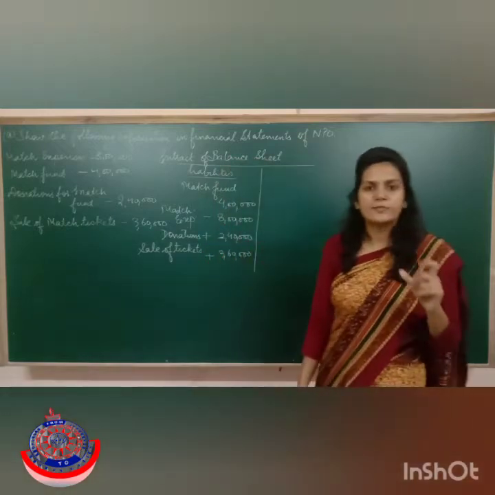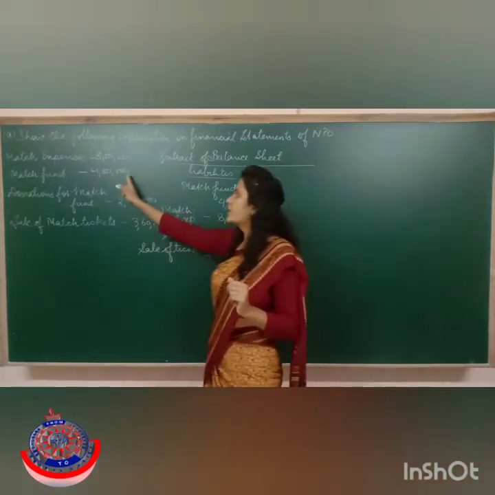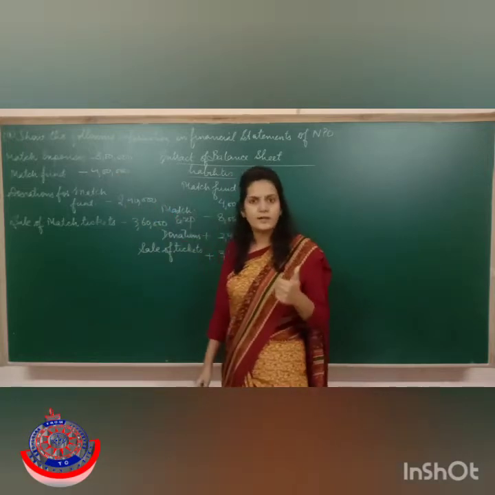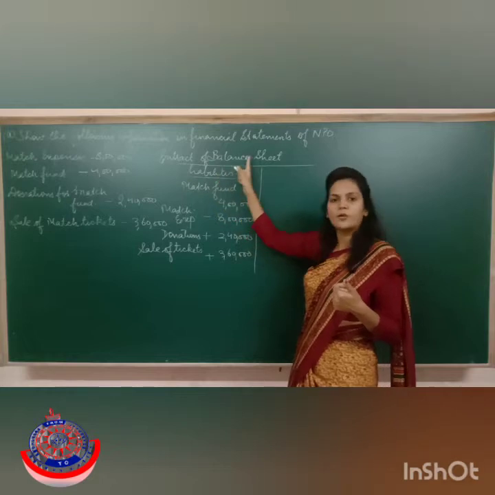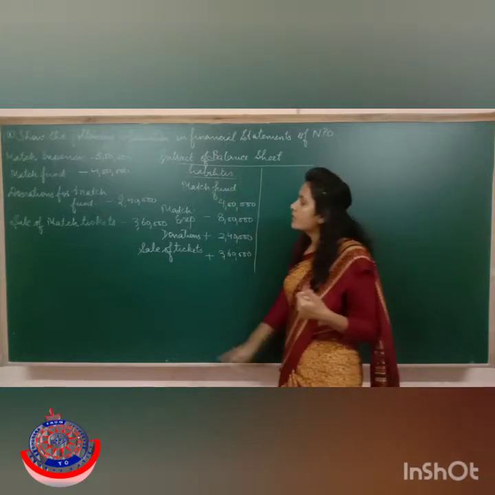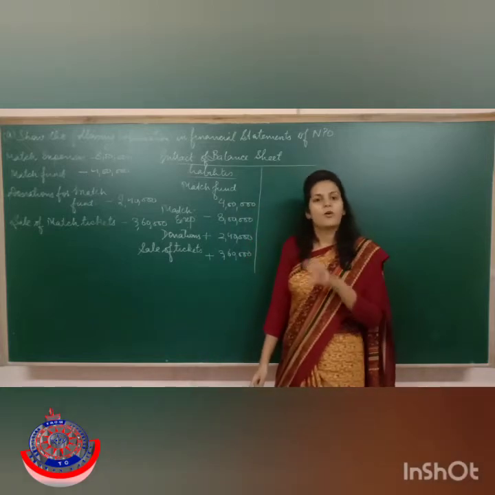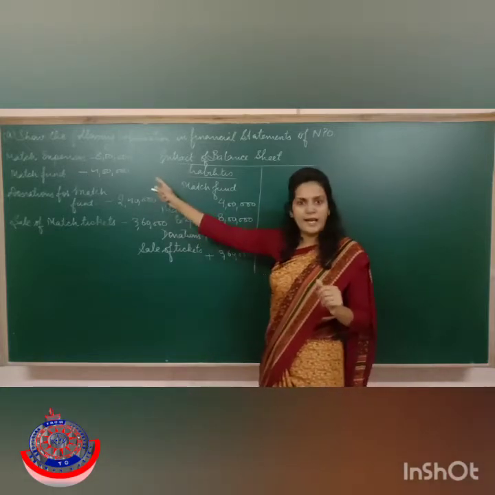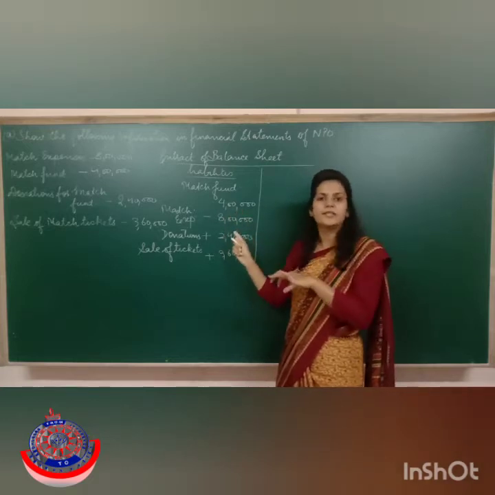I'm going to repeat the same thing once more. One fund has been created for organizing a cricket match, and that fund is of rupees 4 lakh. It is a specific reserve, so it has to be shown on the liability side of the balance sheet. Then, as you have organized a cricket match, the expenses on that match are rupees 8 lakh, so that has to be subtracted from the fund only, because that was the purpose of the fund, right?